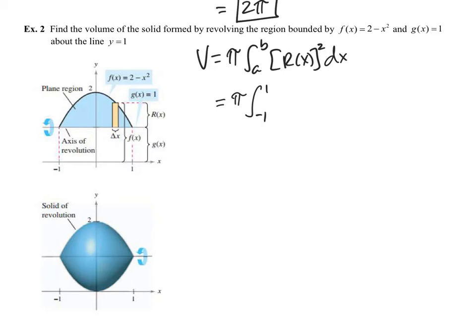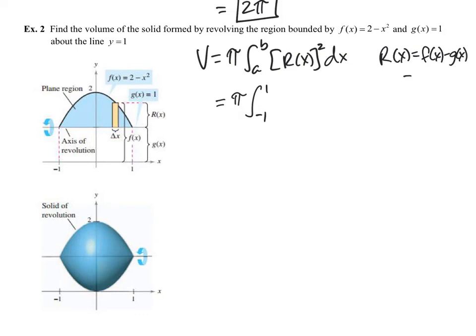Capital R of x, if you look at our picture, would be what we get when we take this function value, f of x, and we subtract g of x. So r of x is equal to f of x minus g of x, all right?